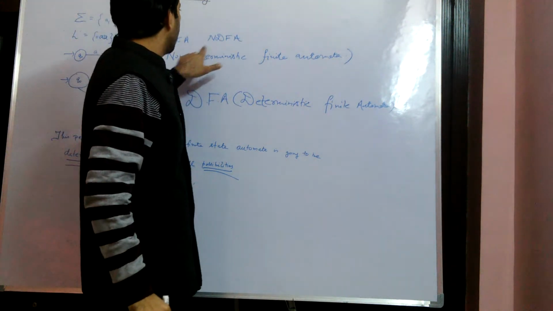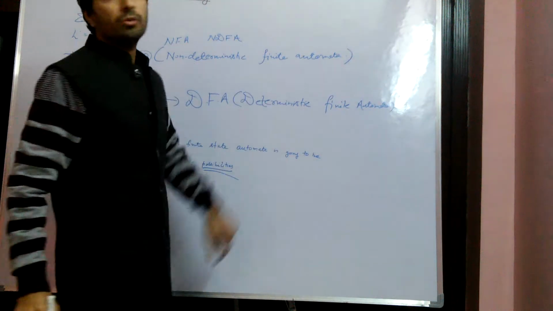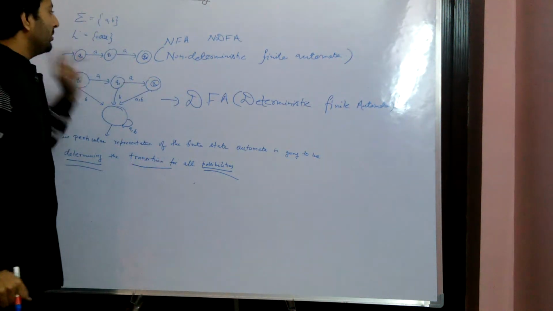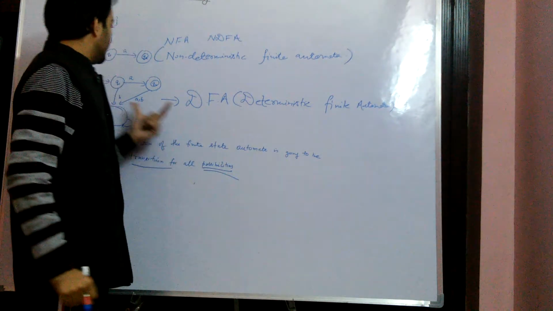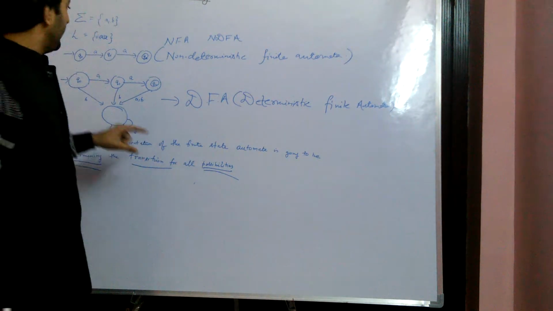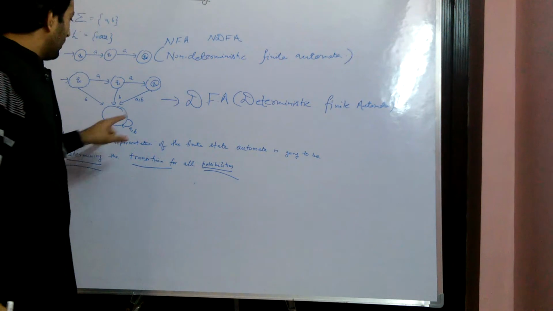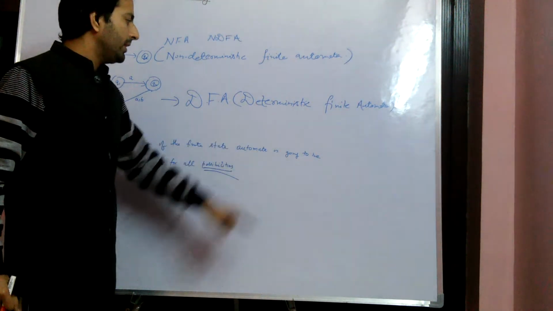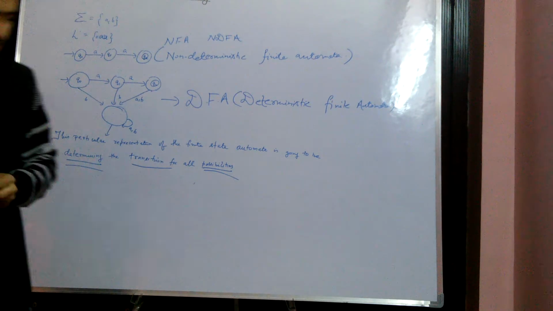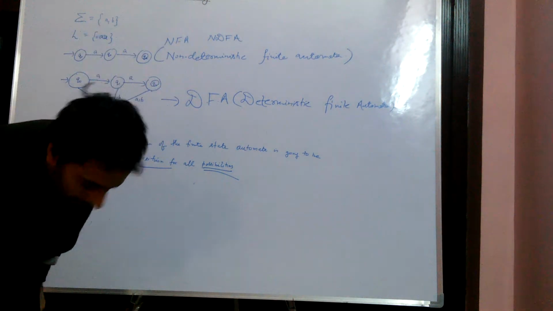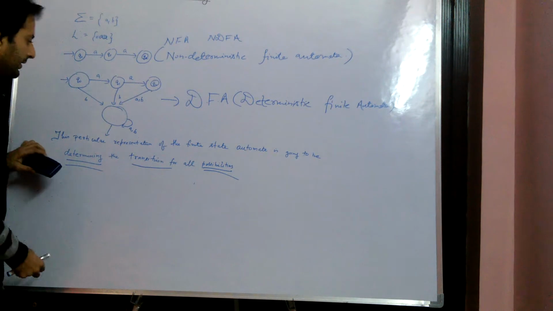In this we are not going to determine each possibility, but this is a deterministic representation. So we are going to be determining all possibilities. The particular representation of the finite automata is going to determine all possible conditions.